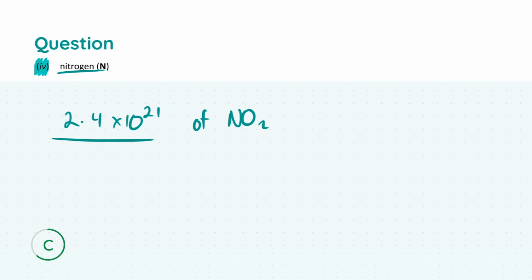So what we're going to do here is first divide by that number, and in this case that number is 6 by 10 to the 23. When I do this, we'll be getting a number of moles associated with this NO2. If you throw this into your calculator, what you're going to find is we get an answer of 0.004 moles of NO2.